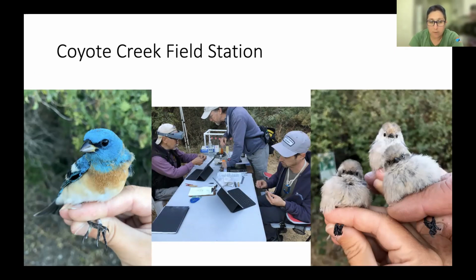We track their survival by looking at how often we recapture individuals. We can track reproductive success by seeing how many babies we get each year. Sometimes we capture other stations' birds, or they capture ours, and we can look at migratory routes and behavior, things like that. We've been going since the early 1980s.